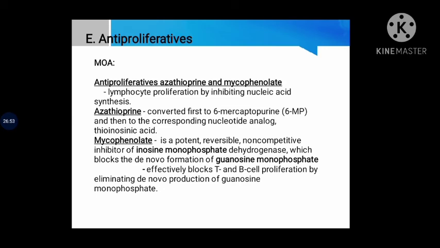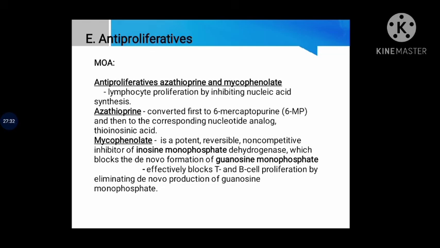Azathioprine, which was one of the first agents to achieve widespread use in organ transplantation, is a prodrug that is converted first to 6-mercaptopurine and then to the corresponding nucleotide analog, thioinosinic acid.